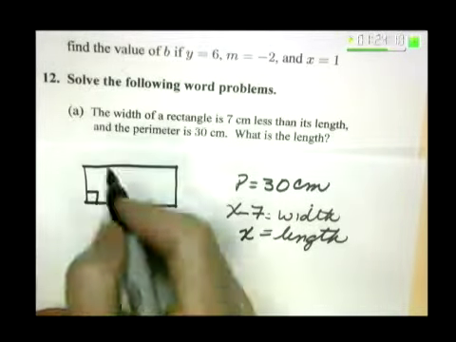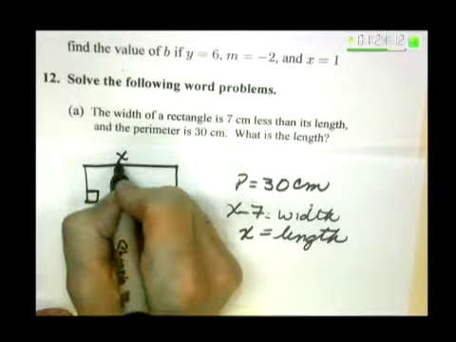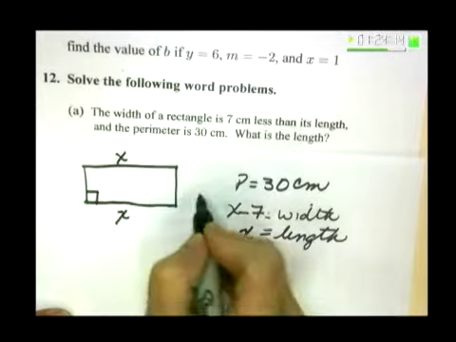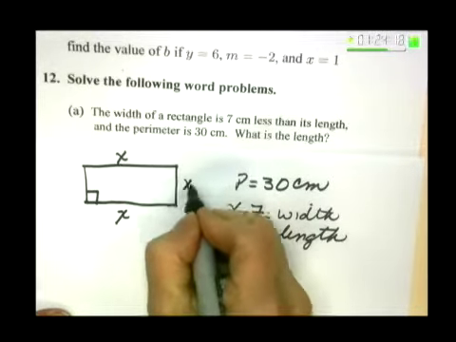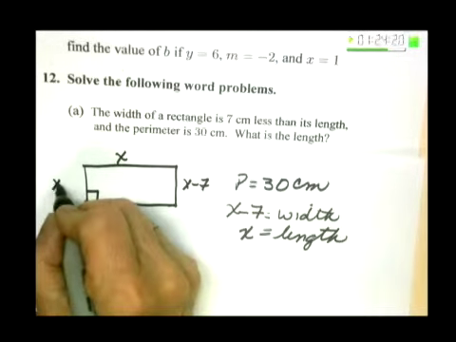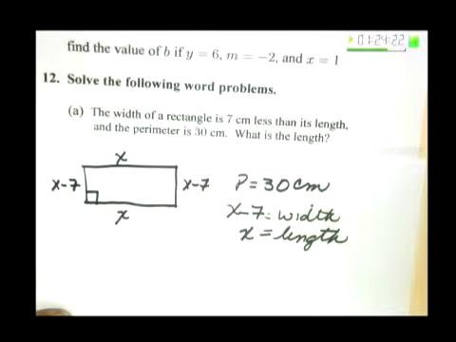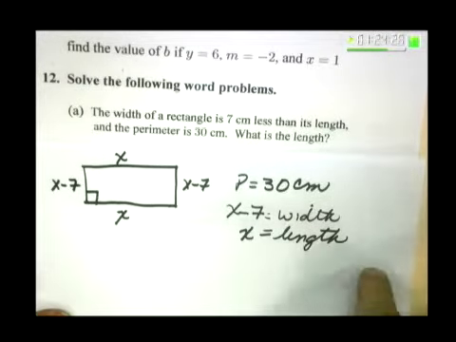Now the length is usually the longer side. So this is x, and since the opposite sides have the same value, this is x minus 7 and x minus 7. Right? So I put these values from my key onto my drawing.